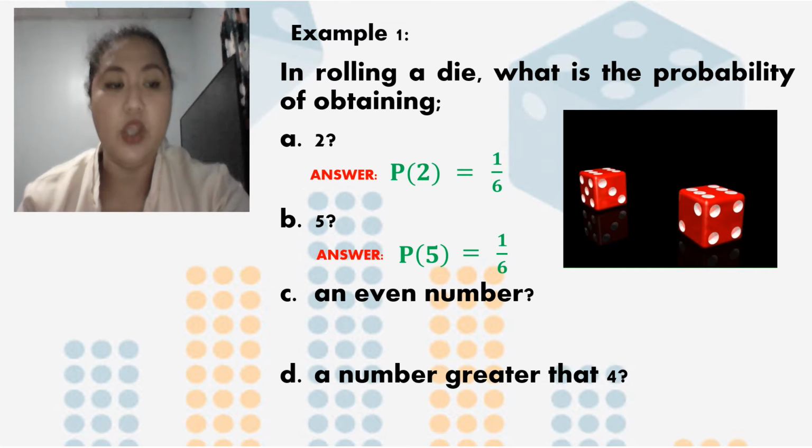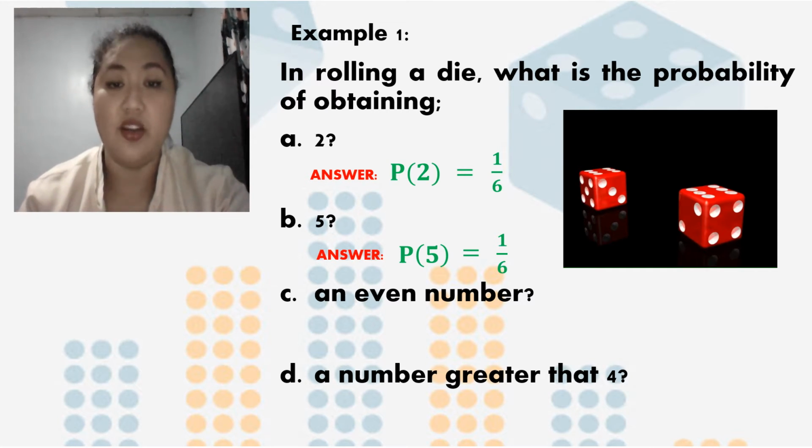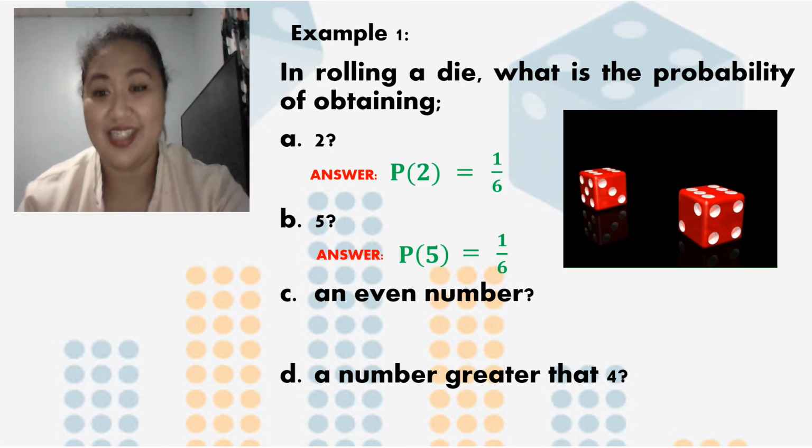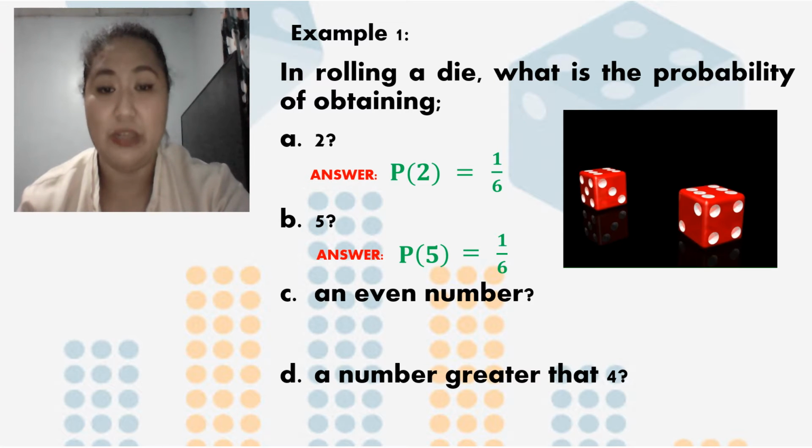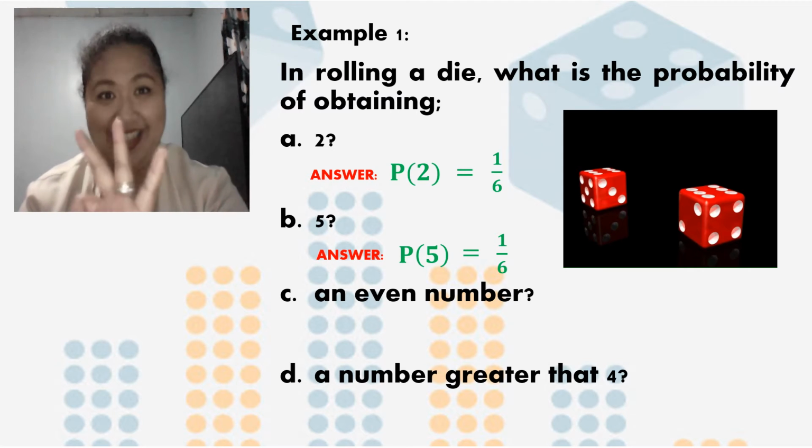So, we know that even numbers are 2, 4, 6. So, tatlo lang. Hindi na tayo pwede sa 8 kasi ang die natin ay hanggang 6 lang. So, therefore, ilan ang favorable outcomes natin for an even number? Yes, we have 3. That is 2, 4, and 6.